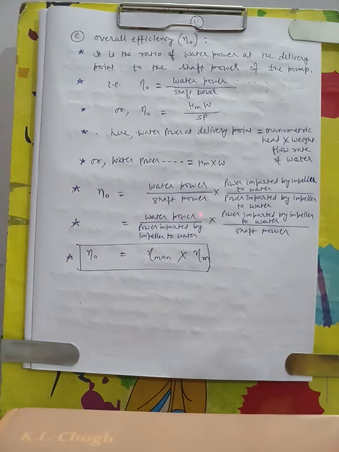Water power divided by power imparted by the impeller to the water is the manometric efficiency, and power imparted by the impeller to the water divided by shaft power is the mechanical efficiency. So finally the overall efficiency is the product of mechanical efficiency and manometric efficiency.